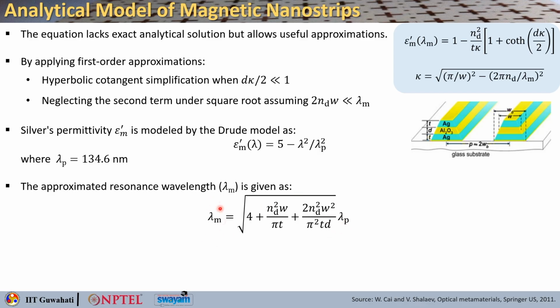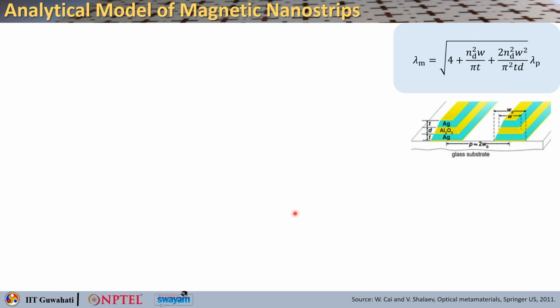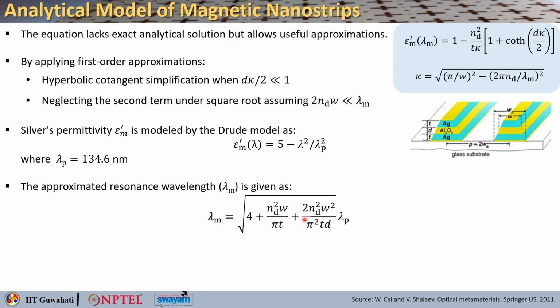So, you see the magnetic resonance is basically a function of the dielectric spacer refractive index, the width of the strip W, and then you have the thickness, and the dielectric spacer thickness, and lambda p, which is the plasma wavelength of silver.